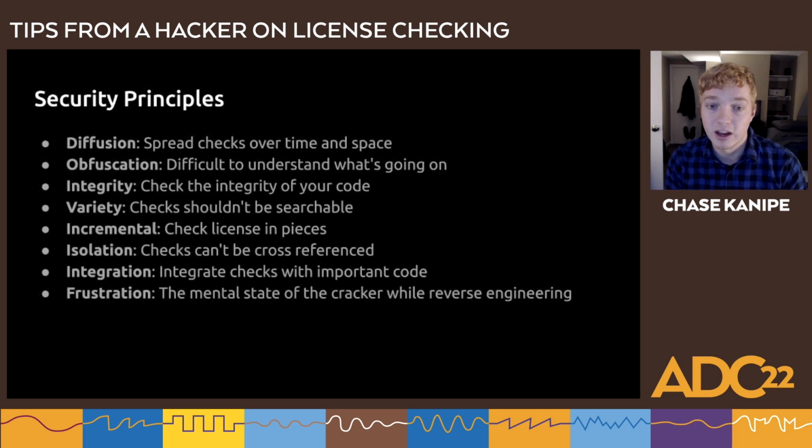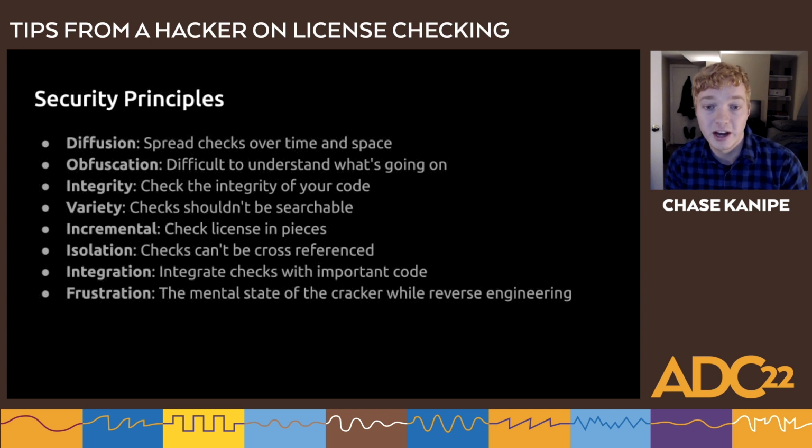The third is integrity. We want to, when possible, make sure that our license checks haven't been altered. Variety, we want to make sure that these checks are different from each other so that they're not searchable or cross-referenceable. We want our checks to be incremental, so we want to check the license in pieces rather than have a single point of success or failure.